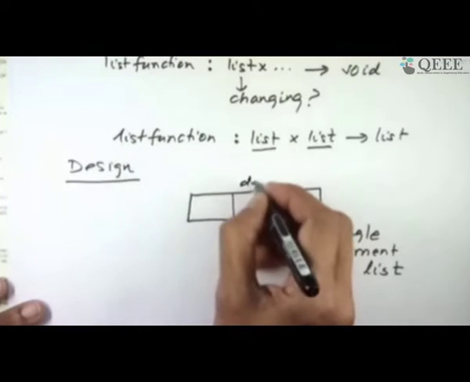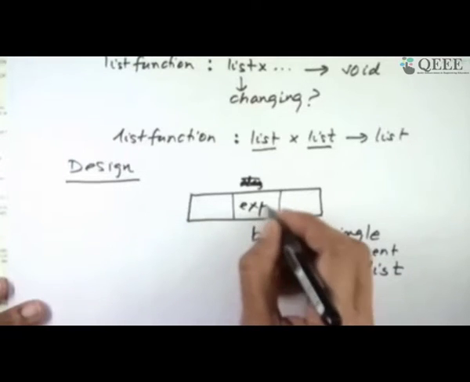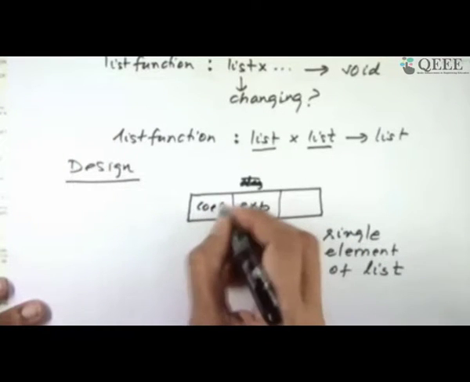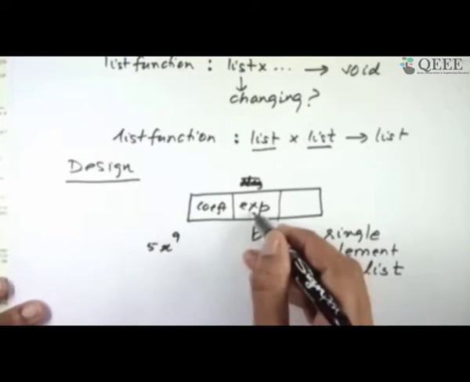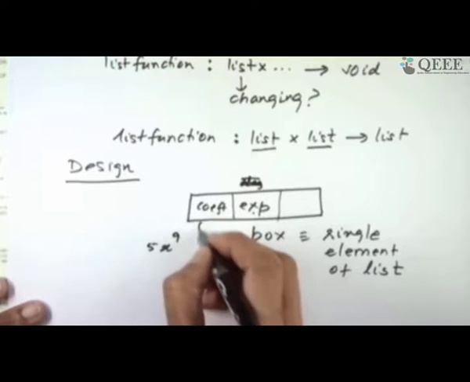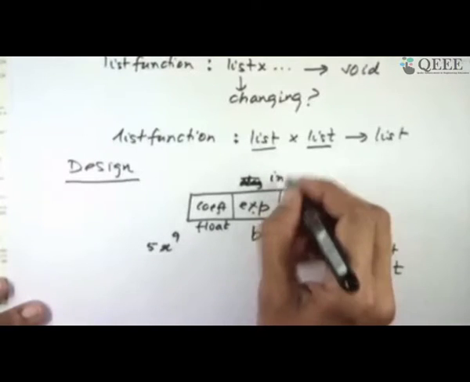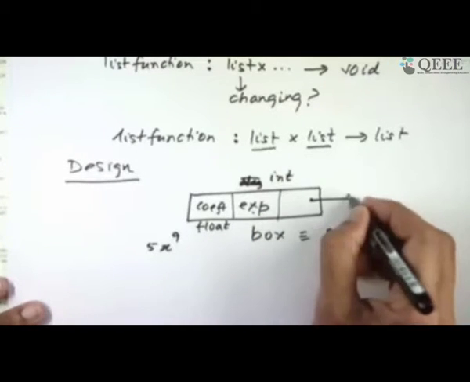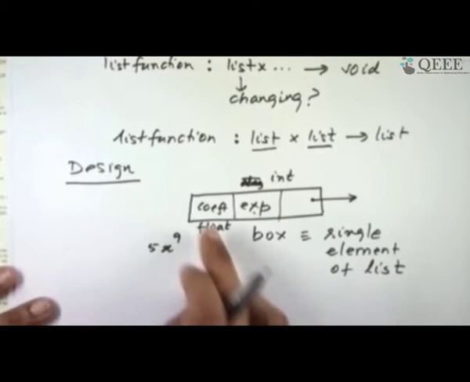The exponent value, that's probably a more appropriate term, and a coefficient. So if I have 5x to the power 9, I want to put 9 in exponent and 5 in coefficient. So typically this is float, coefficients are usually floating point values, degrees are always integer, and you will have this. Box will be like this. So I'm trying to say, depending on the application, my box may have one or more values.